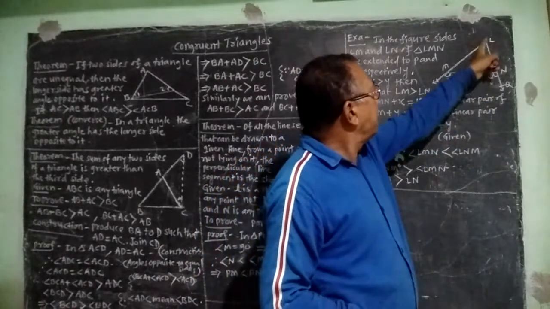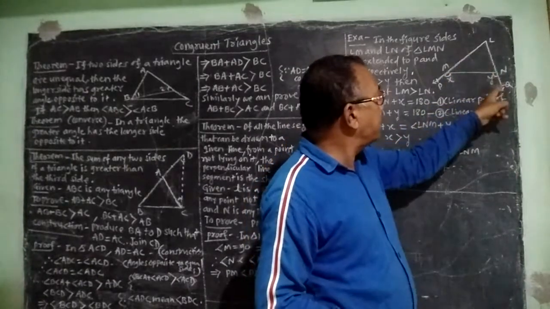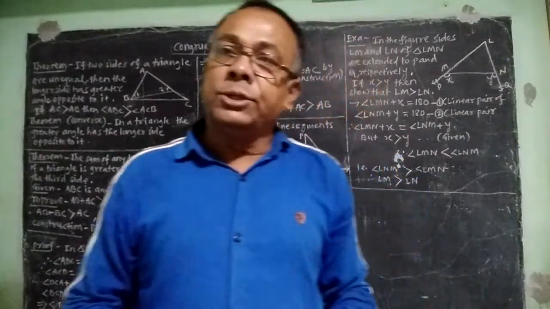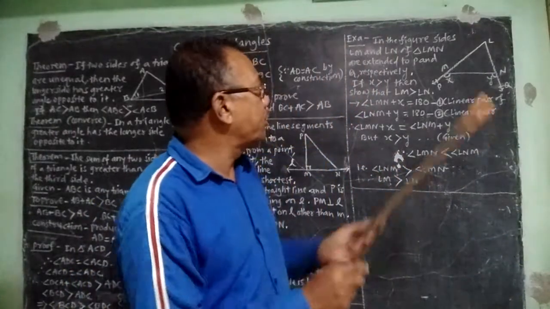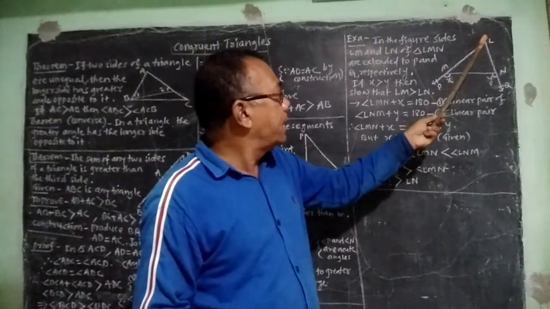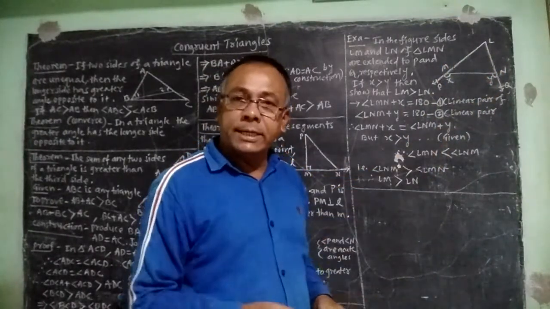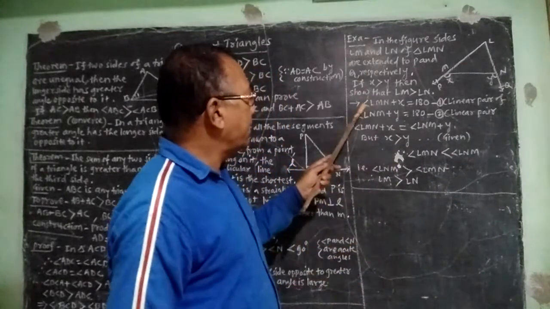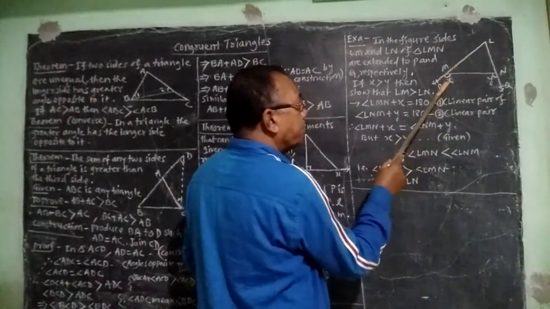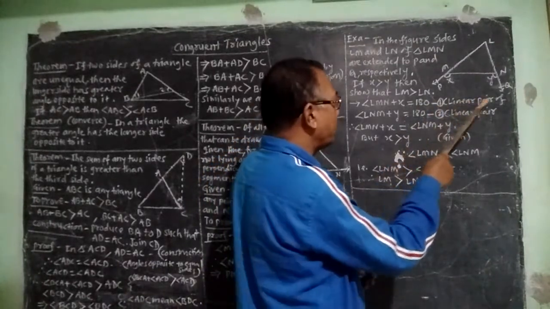Also angle LNM and angle MNQ are also a linear pair of angles, and therefore the sum of these two angles must be 180 degrees, as well as the sum of angle LNM and angle MNQ is also 180 degrees. So we will write angle LMN plus angle X is equal to 180, equation number 1, the reason is linear pair of angles.